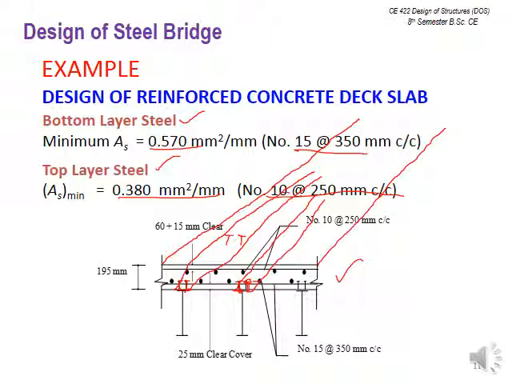Then again at 600 millimeter you have to provide 2 more shear connectors. So this 600 millimeter is the distance or the spacing center to center from the center of the bolt to the center of the bolt. Means shear connector. Bolt is shear connector.